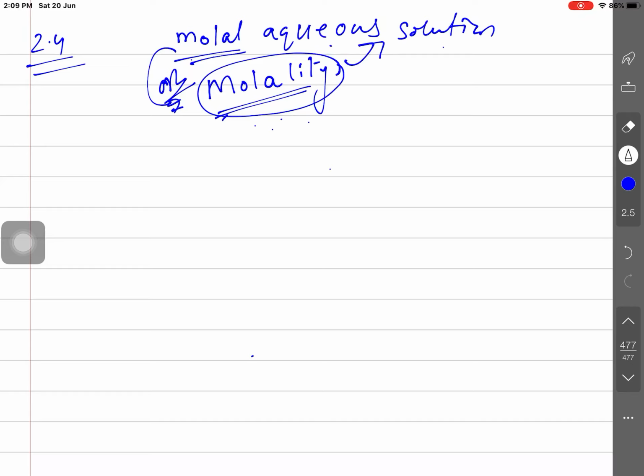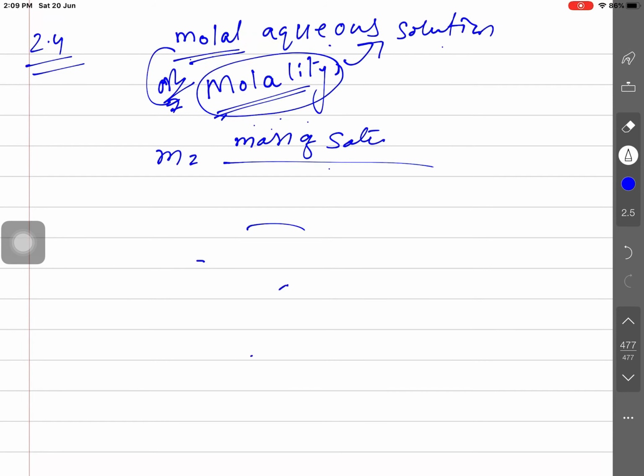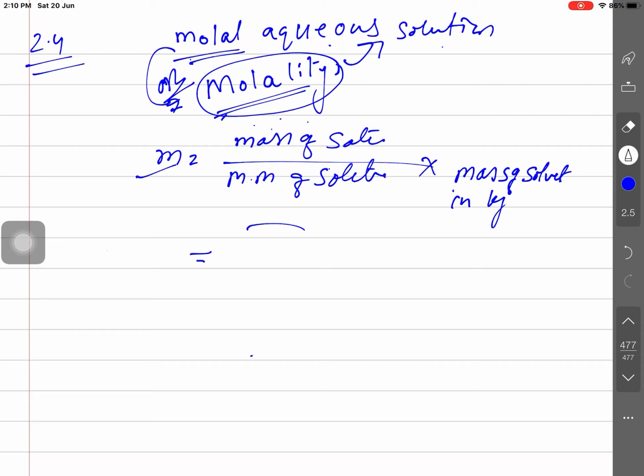So very easy. Here what is given? Small m is equal to mass of solute upon molecular mass of solute into mass of solvent in kg. Here 0.25 is given, the mass of solute is unknown, suppose it is x.